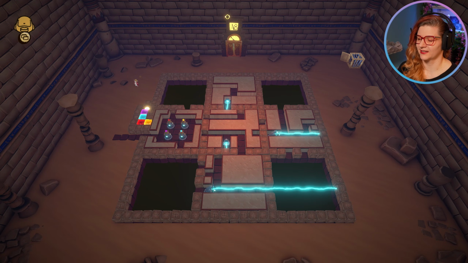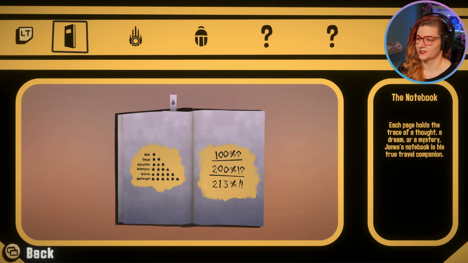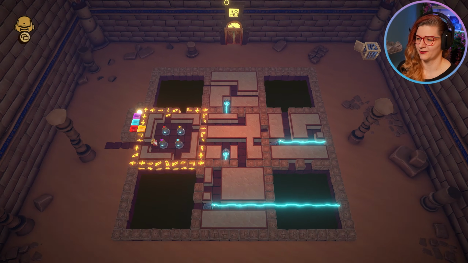There's definitely more in this game, because actually one of the clues was also that the maximum completion potentially is 213%, and currently I'm at 120, which I assume is to do with the fact that I've been doing all of the side rooms, so I've already crossed 100%, even though I still haven't gotten to the bottom of the pyramid. So yes, now what we have to do is solve this thing.